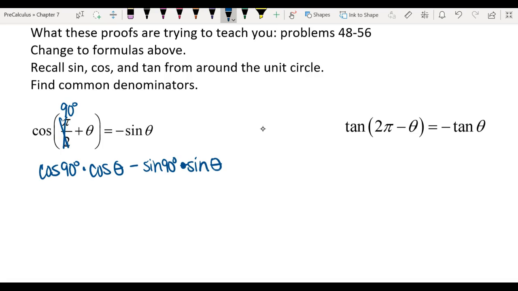When it comes to 0, 90, 180, 270, and 360, I would highly recommend, instead of doing the triangle way, just looking at the graph. The graph of cosine looks like this, correct? Where 180 is in the middle. So if you have the graph of cosine, what is cosine at 90? It's right here, right?